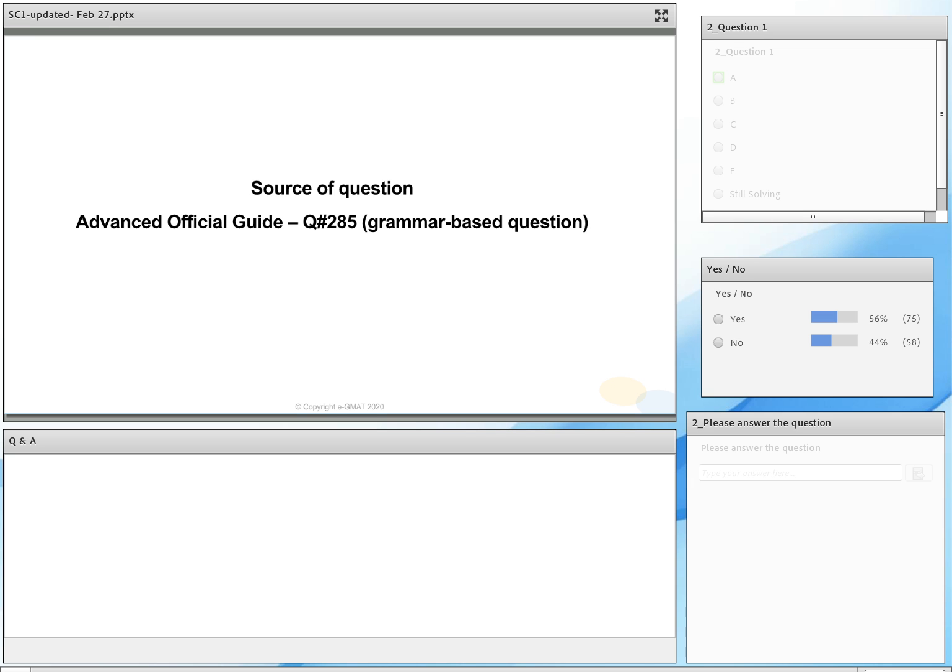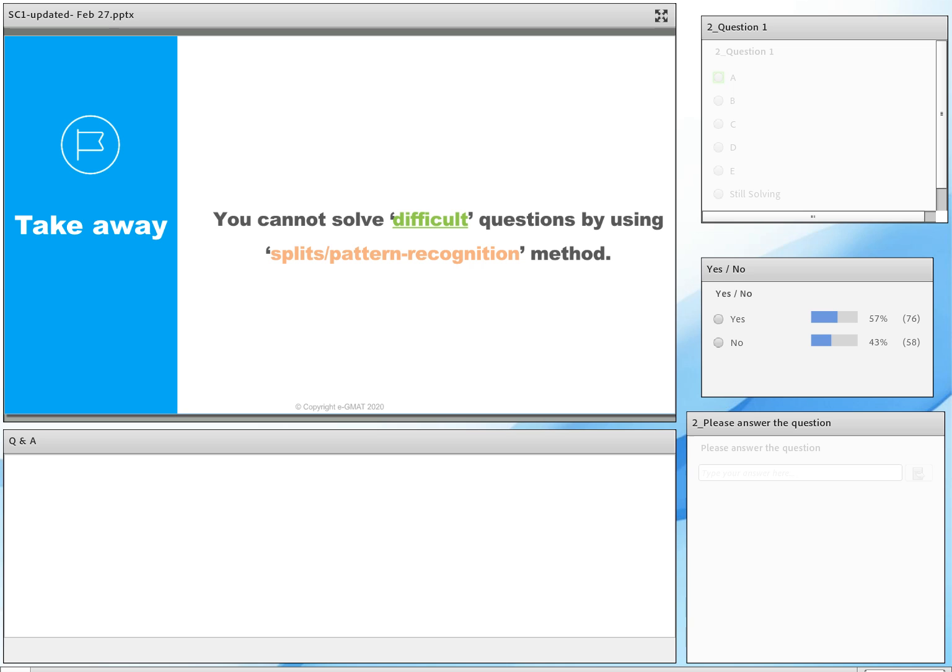You obviously have to know a little bit of grammar to get through SC, but you have to be able to use that grammar as a tool to express the communication. And I'll be honest, when I joined the e-GMAT team, I was very grammar-based. I was an English teacher prior to joining the e-GMAT team, and grammar was a big thing for me. But the meaning-based approach has to be first and foremost, and then grammar comes as that tool to express that meaning and that communication.